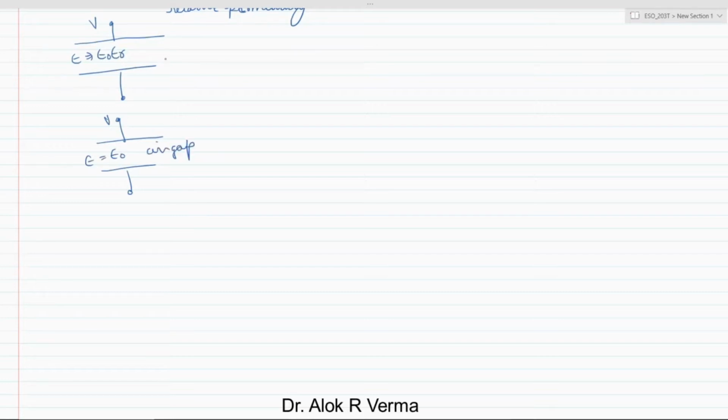In the other it is a dielectric material with a relative permittivity of epsilon r. The capacitance will be higher in this case. So there is a material here and air there. In this way the capacitance can be increased.